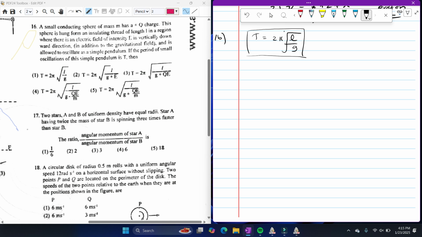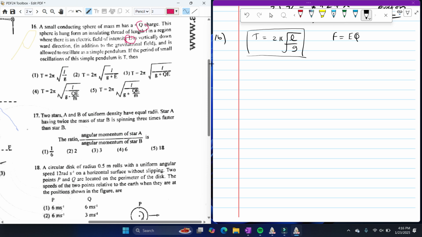The electrostatic force exerted on the object is EQ, right? We know that the electrostatic force equals EQ. Here capital E is given, and positive Q is given. That's fine. Then we can calculate the electric force on unit mass. This is just the electric force exerted on the object, but what we need is the electric force on a unit mass, because it says mass m.